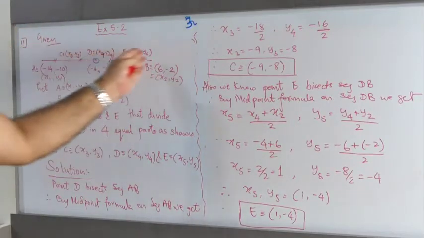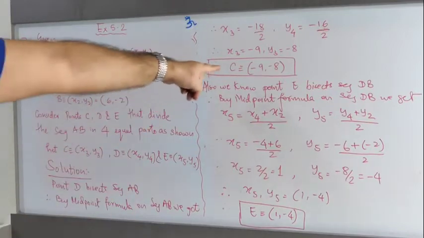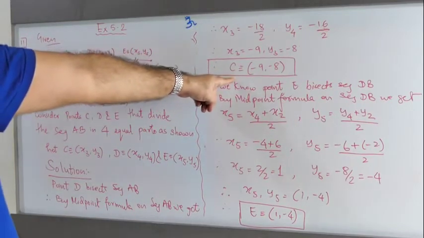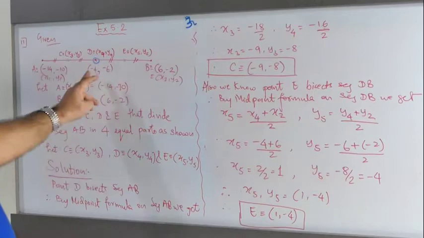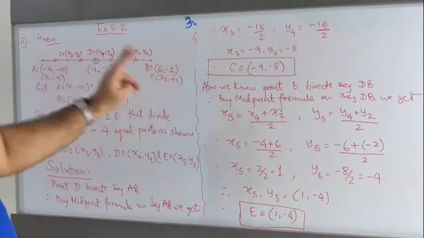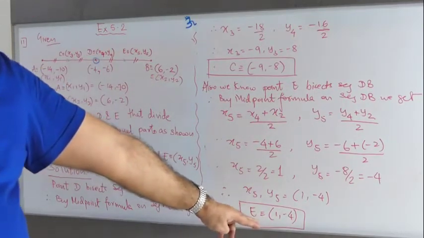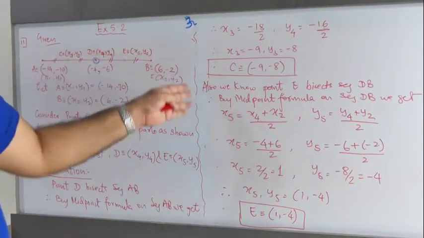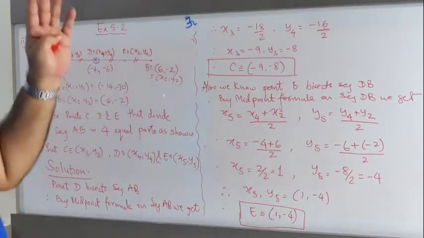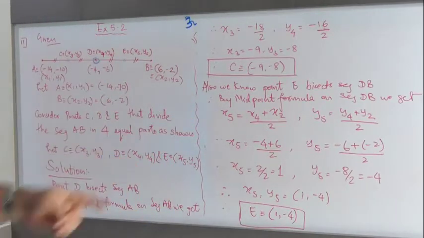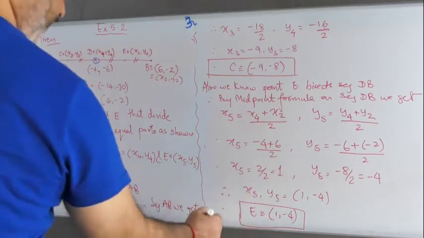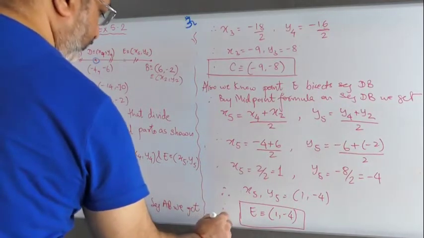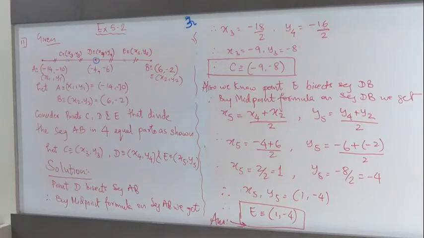You will start from C and go to E. So you will say the points minus 9 comma minus 8, minus 4 comma minus 6, and 1 comma minus 4 divide segment AB in 4 congruent parts. That's going to be your final answer. So you will be writing it in the statement form. Okay? Copy it down.